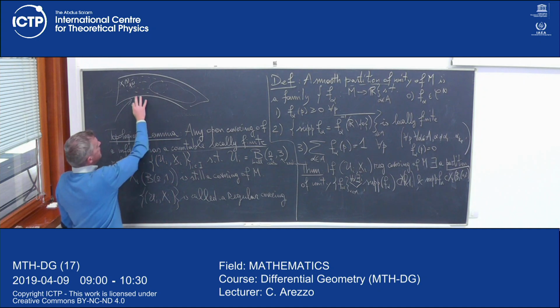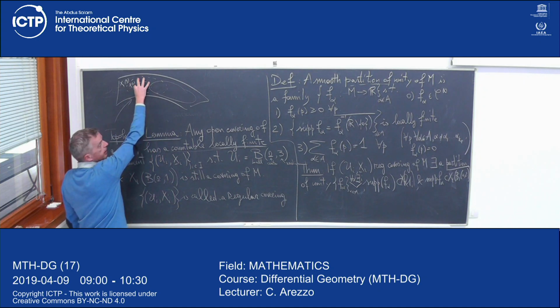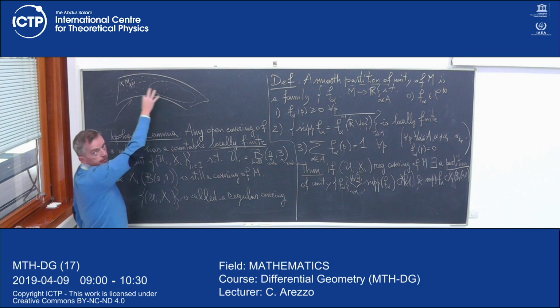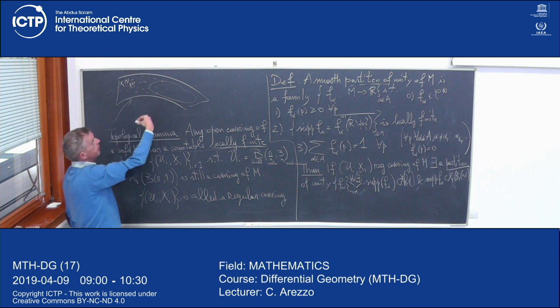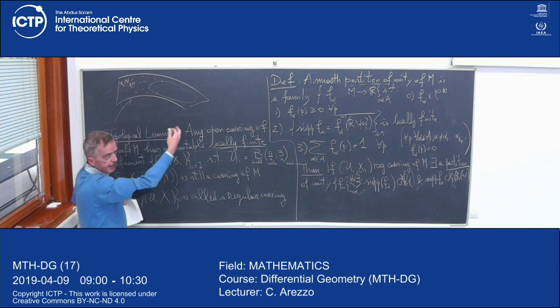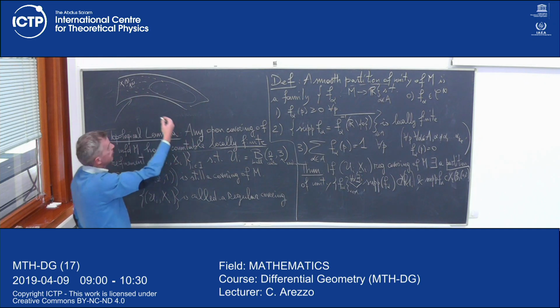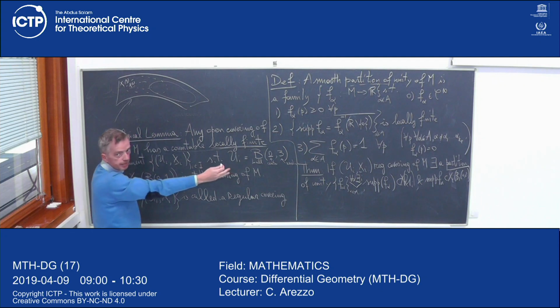Suppose I have a machine that for any chart gives me something. We will see it in action many times. And I want to extend it to the next chart.